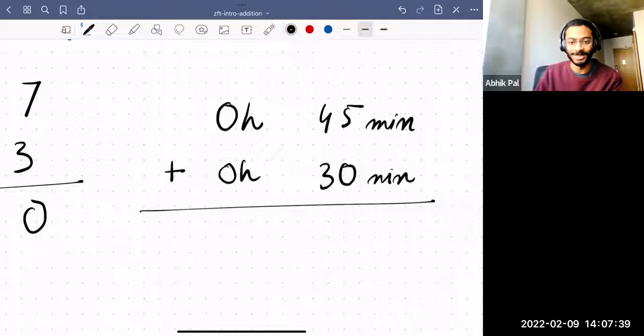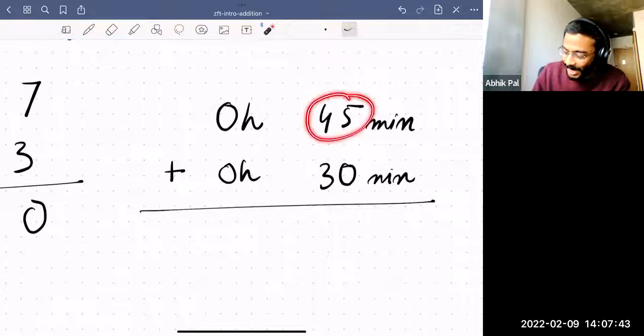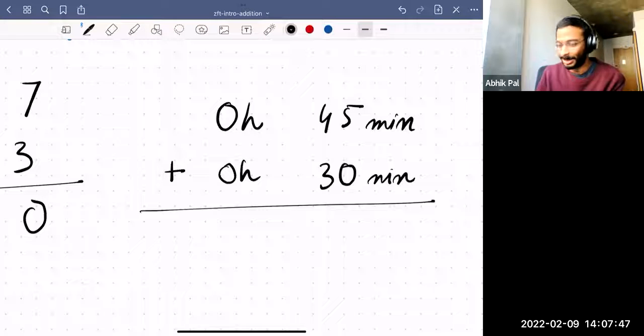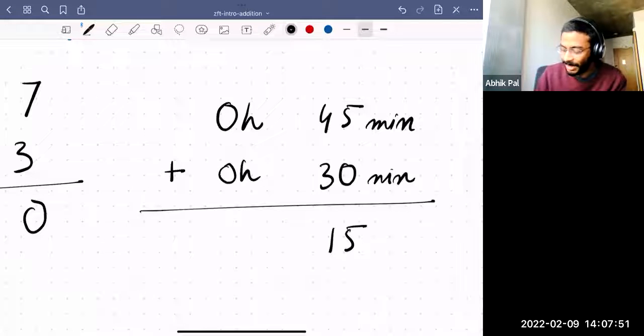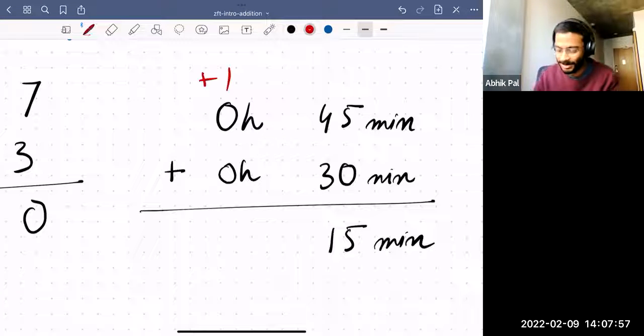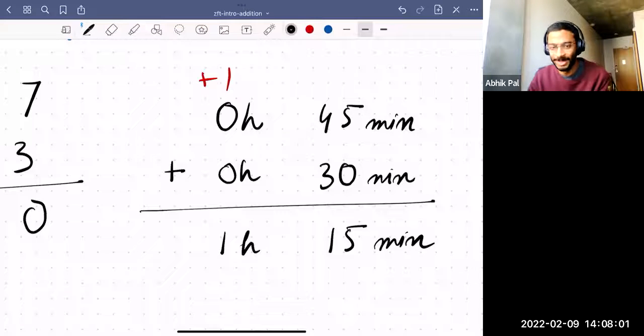And you want to see what the total time commitment is in this entire business. Now if we add 45 to 30, we get 75, but 75 is greater than 60, which is 1 hour. So we look at 75 mod 60, we keep 15 minutes here, and we carry over 1 hour. And then we just say, oh, this is 1 hour, 15 minutes.